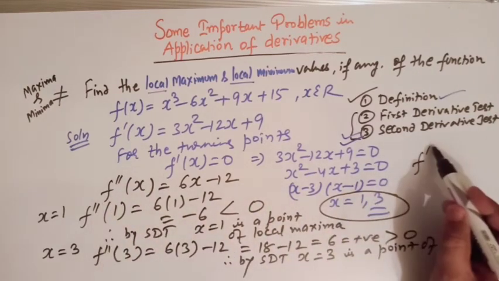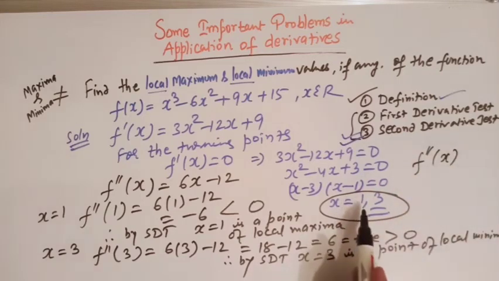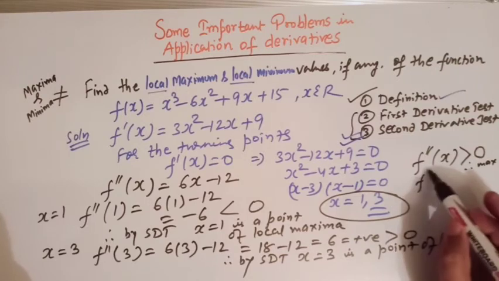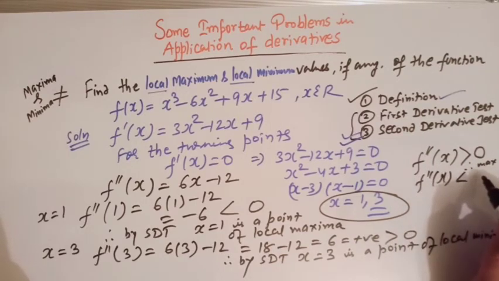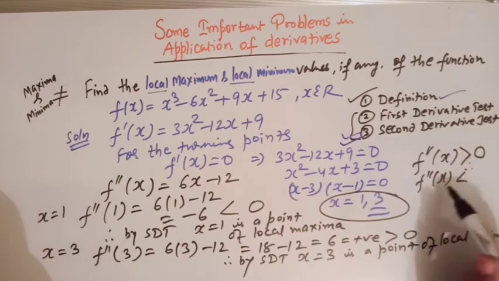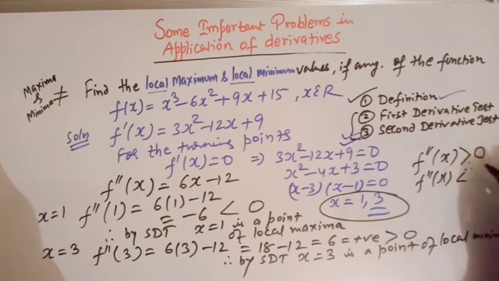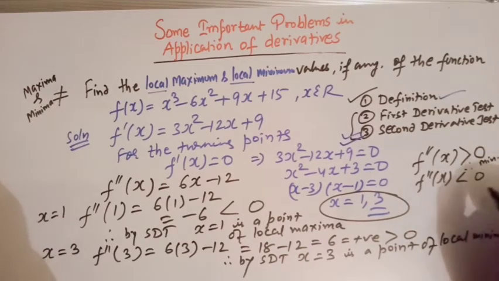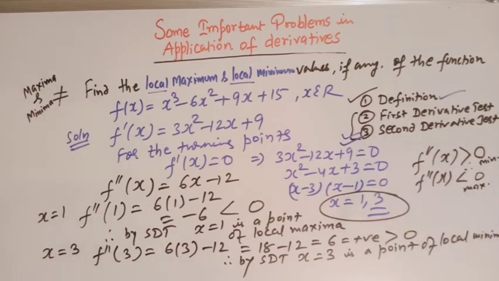Then we substitute the values of the turning points in the second derivative, and if f double prime of x is greater than 0, then it is a minimum, and if f double prime of x is less than 0, then it is a maximum, right?